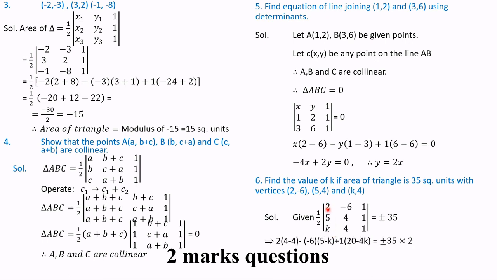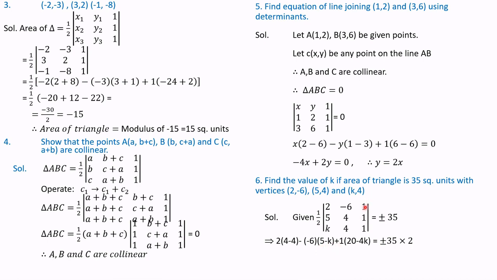Therefore, expanding by row 1, 2 into 4 into 1 is 4, minus 4 is 0. So this becomes 0, minus of minus 6, minus outside, minus 6 within brackets; into this you cancel, this also you cancel and write the remaining terms. 5 into 1 is 5 minus k. 5 minus k is written here.